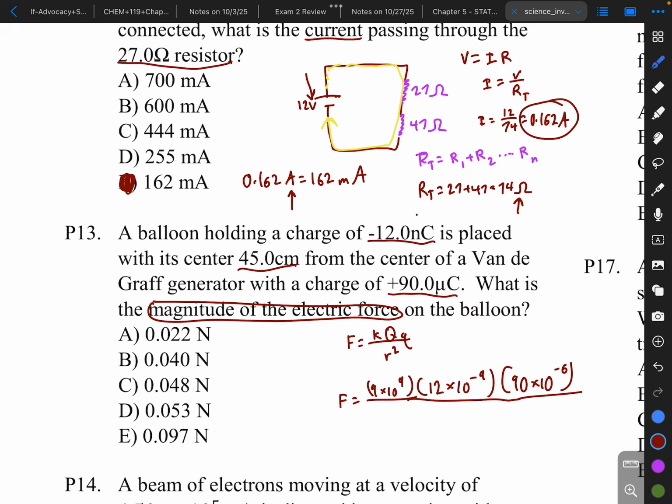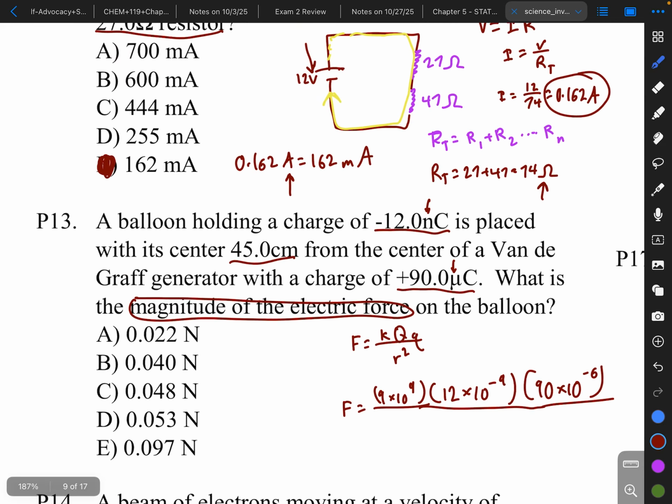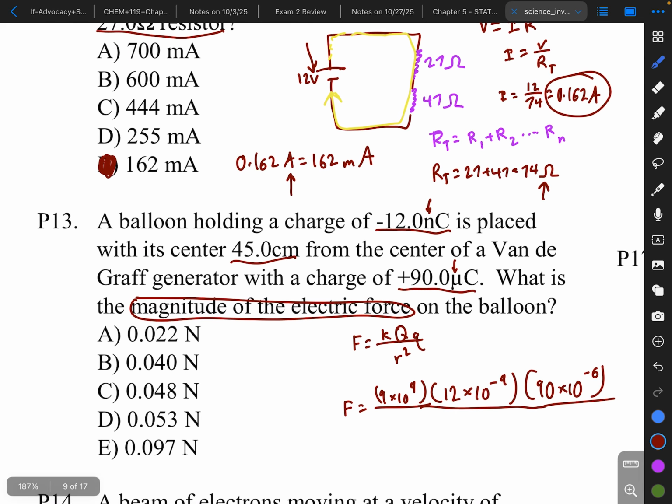Definitely make sure to memorize what nano and micro mean, because these are very important and will show up multiple times on these exams. And then the distance is 45 centimeters. Remember the standard unit for distance is meters, so convert that to 0.45, squared.